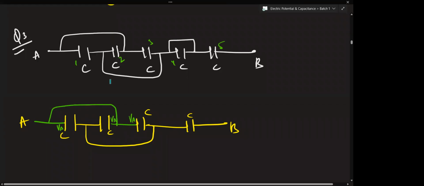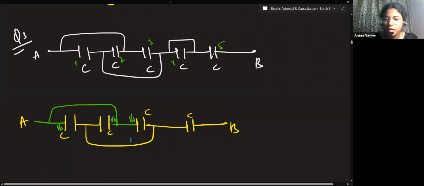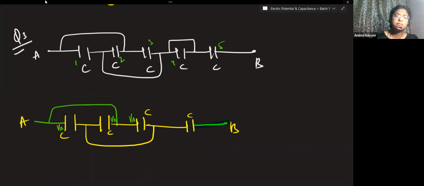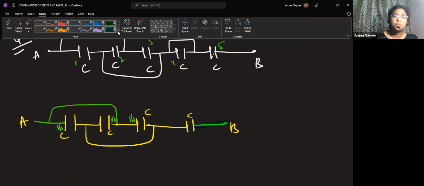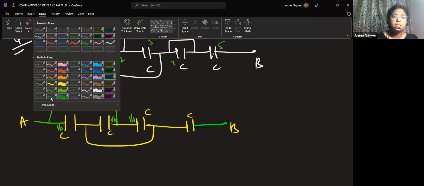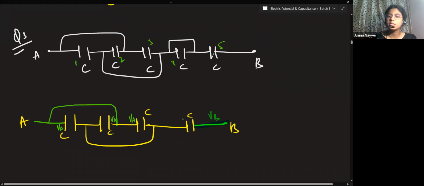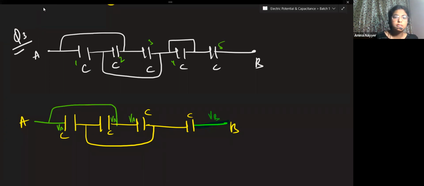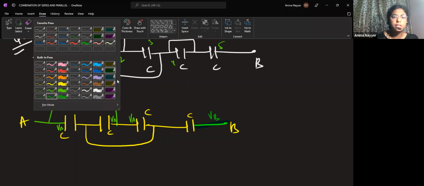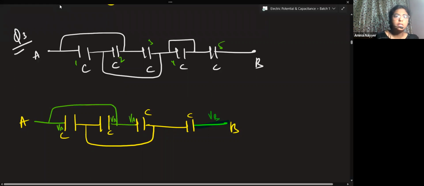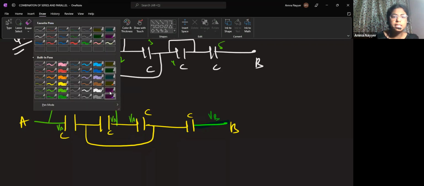All right. Now, regarding the second one. Let's say this is not connected to B, because this wire will be receiving VB. So this wire is receiving VB. Now, this part has a third voltage.